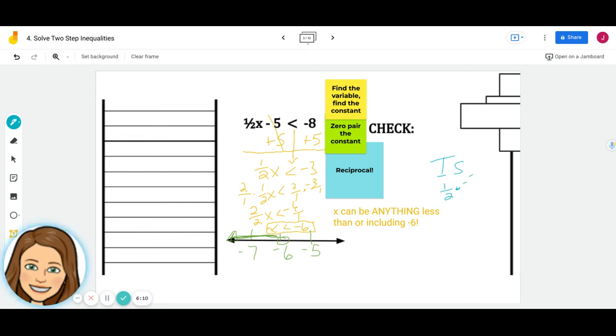So I'm going to substitute in a negative 8 minus 5. Is that less than negative 8? Let's see. So 1/2 of negative 8 would be negative 4. And negative 4 minus 5, two negatives, that would be negative 9. Is negative 9 less than negative 8? Yes, it is.